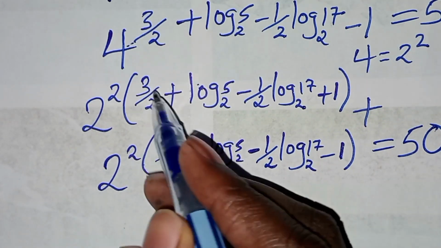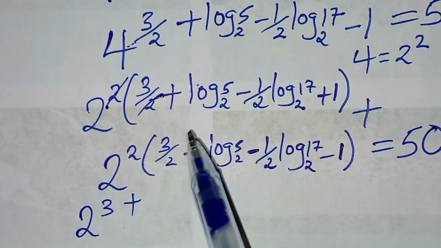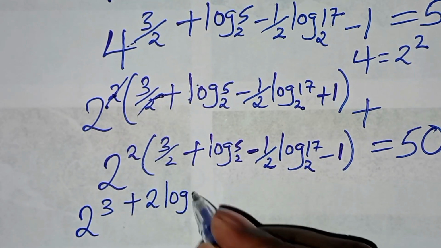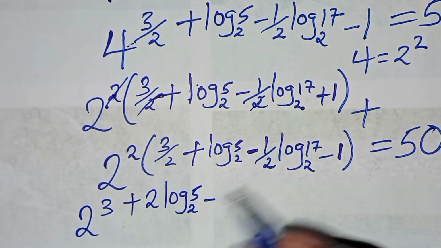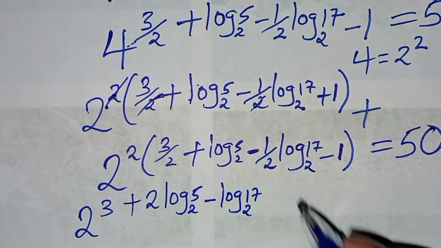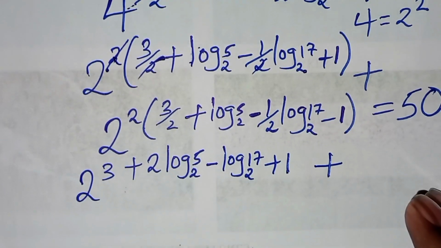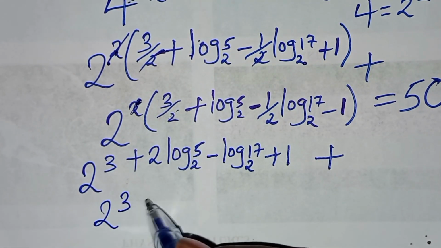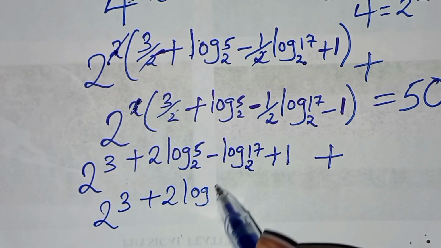Now let's simplify here by 2, so that here we'll have 2 to the power 3 plus 2 times log 5 to base 2, which is 2 log 5 to base 2.